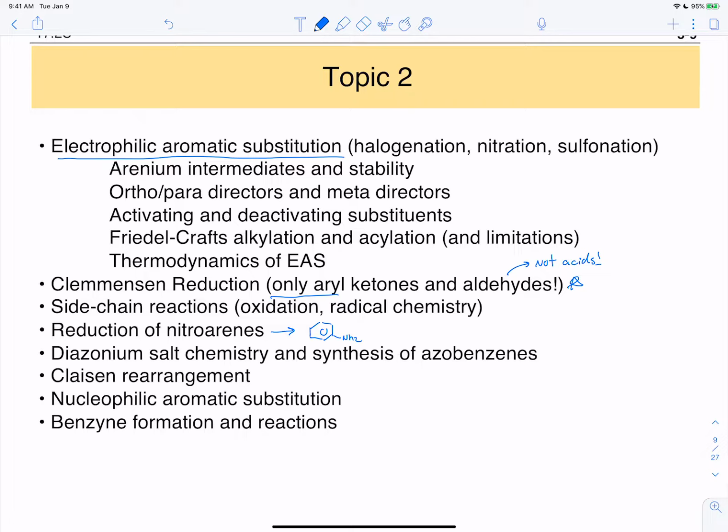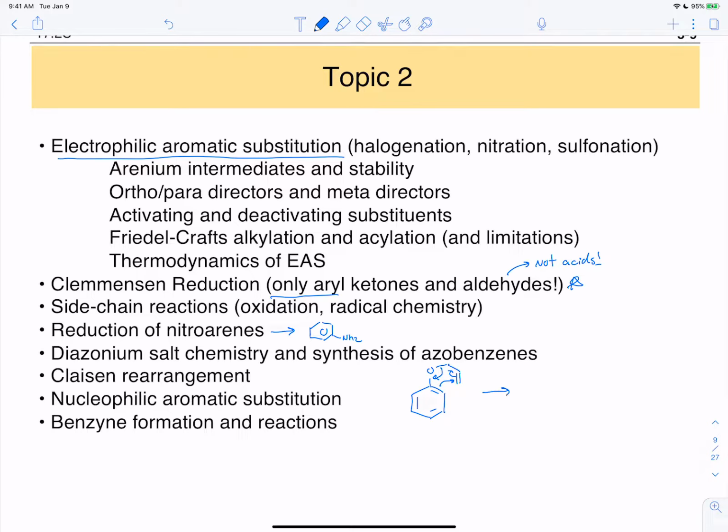We had more chemistry of diazonium salts that now come from anilines that we can make. We learned the Claisen rearrangement, which was maybe out of character for this topic, but it does use aromatic rings.